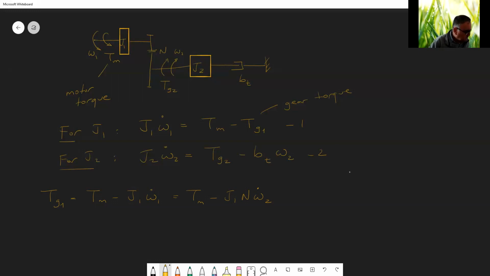And from the second equation, I can collect the terms together. You have J2 S plus ET omega 2 is equal to Tg2.